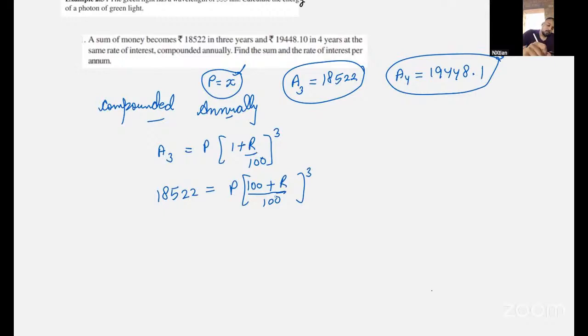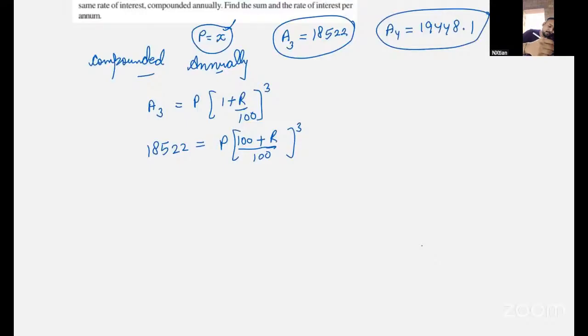Okay. So, what will I do now? I will do one thing. I will do it step by step so that you guys can understand. Can I write it like this? What I did, there is a common power.